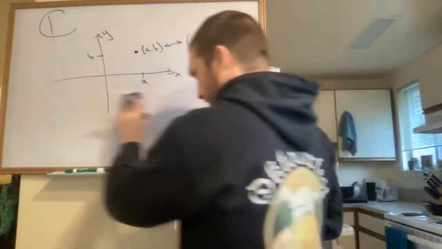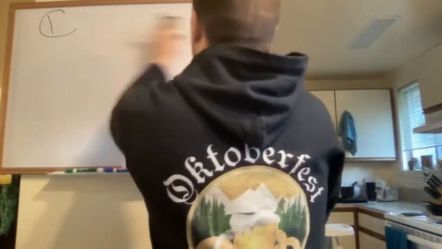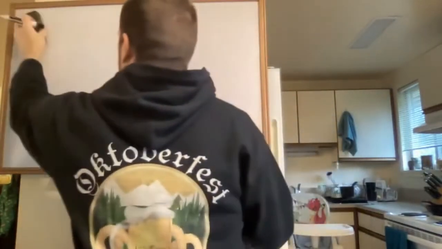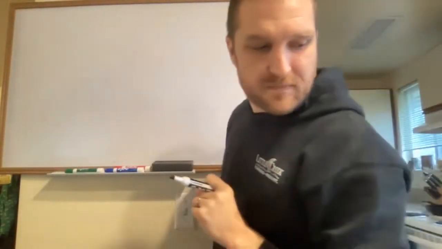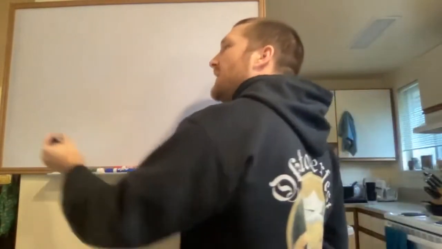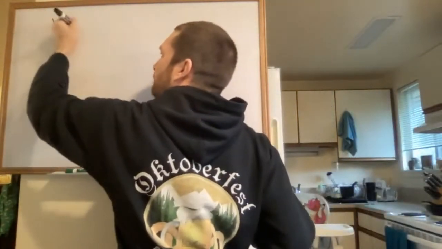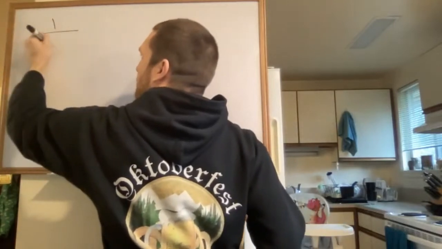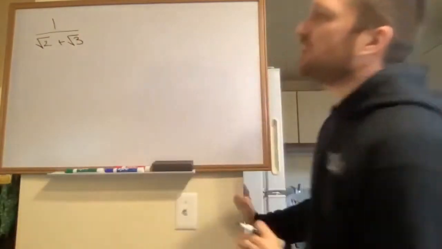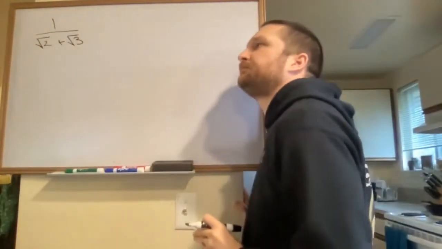Okay. Another thing, what else can we do with complex numbers? The conjugate of a complex number. You remember earlier when we had something like this, and we wanted to rationalize the denominator.